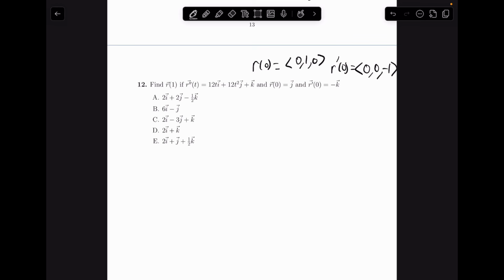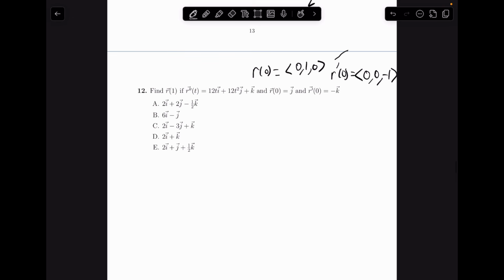So we have our equation for R double prime of t. If we integrate that, we should get R prime of t, and then we can use the initial condition to make sure that we handled all constants correctly. Let's do that. We integrate R double prime of t dt, and we really need to integrate the vector.